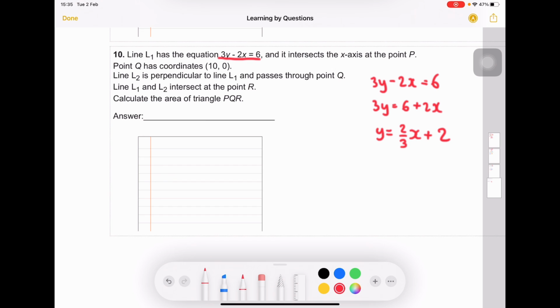It intersects the y-axis at point P. So let's just draw this.